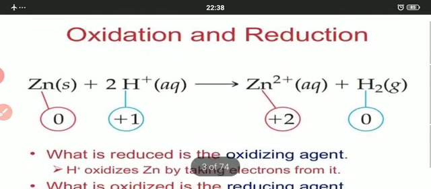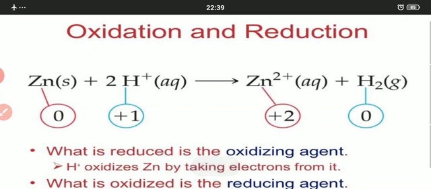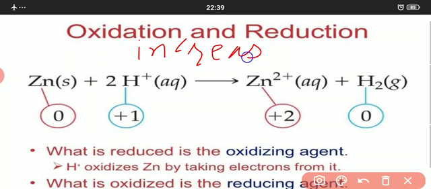Now in electrochemistry we study two types of reaction. First, oxidation and reduction reaction. So we know what is oxidation reaction. Increasing oxidation state, OS is oxidation state, is oxidation reaction.